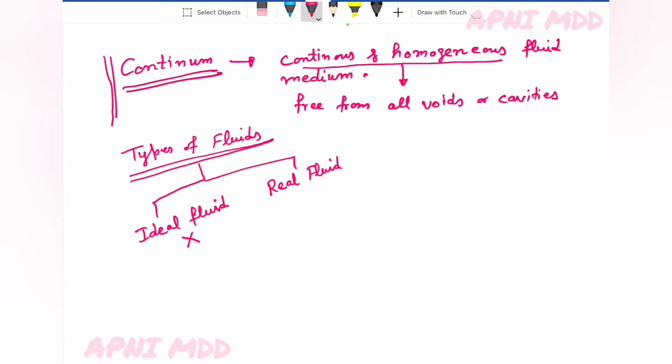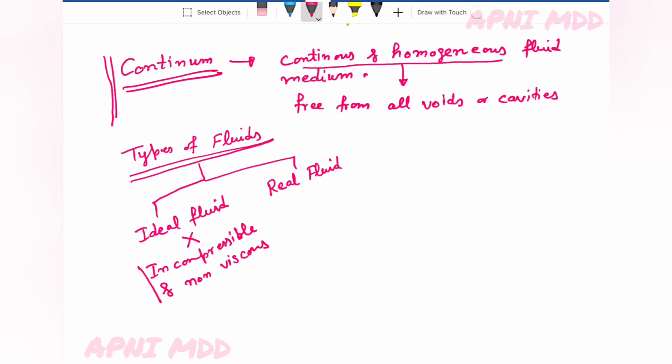Now the meaning of ideal fluid is, you can define the ideal fluid as the fluid which is incompressible and non-viscous.